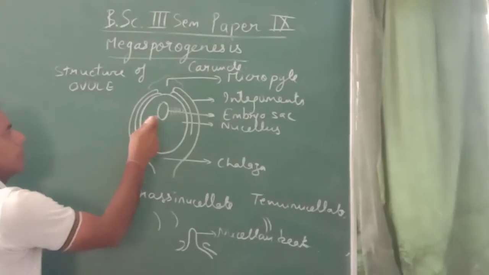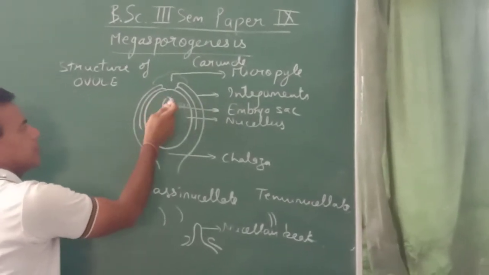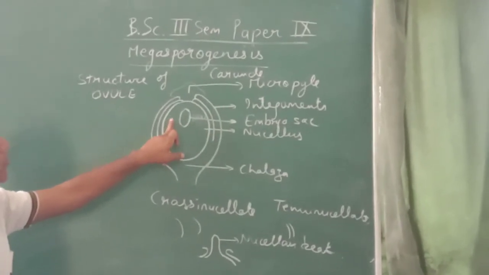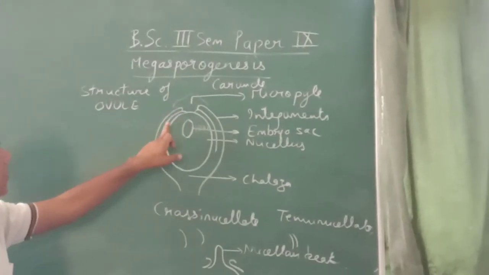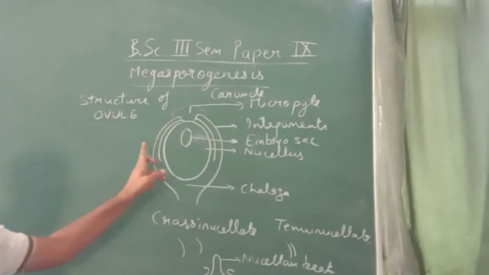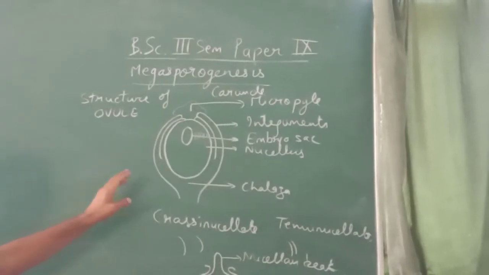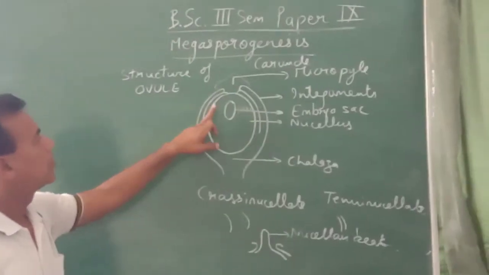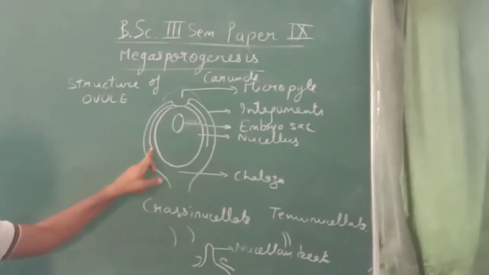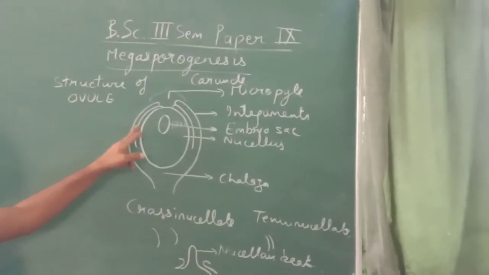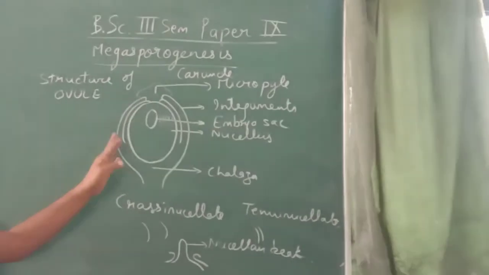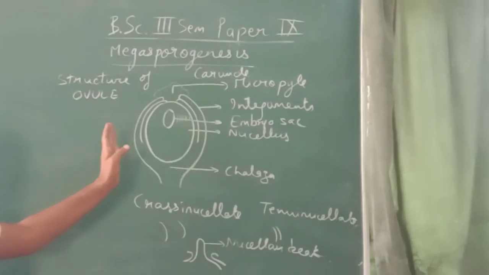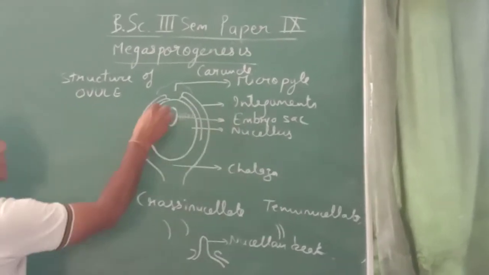As you all know, the embryo develops from this embryo sac. This inner integument sometimes becomes large, densely cytoplasmic, binucleate or polyploid, and it then functions as tapetum.